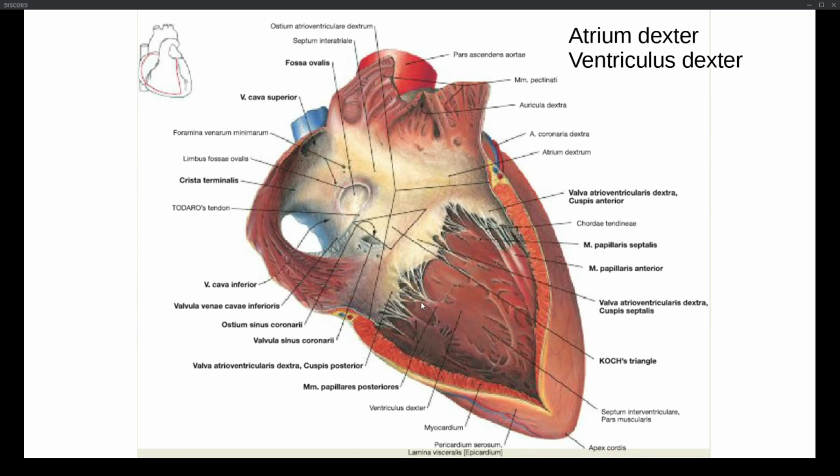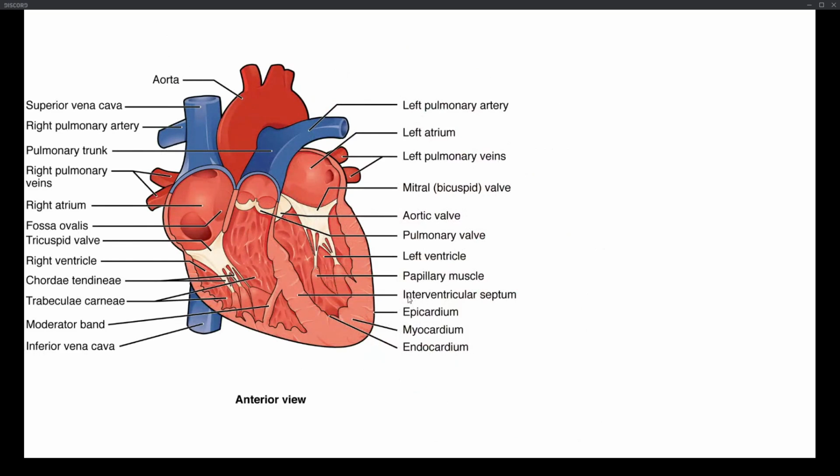And I think I will switch to, yeah, here's actually a very nice picture as well. Okay. So you have the ostium atrioventriculare dextrum, basically the opening between atrium and ventricle. And over here you would have the ostium trunci pulmonalis.